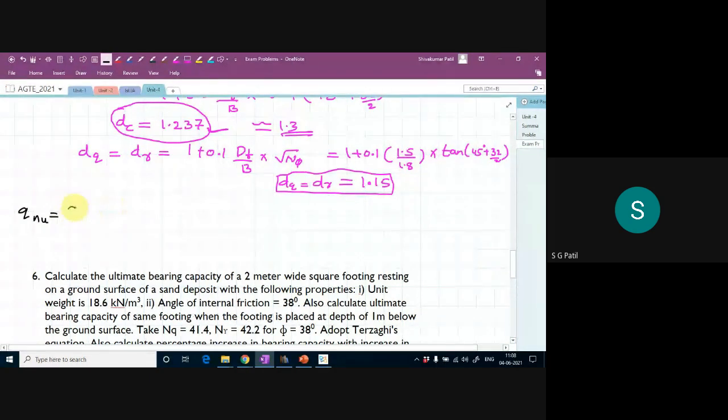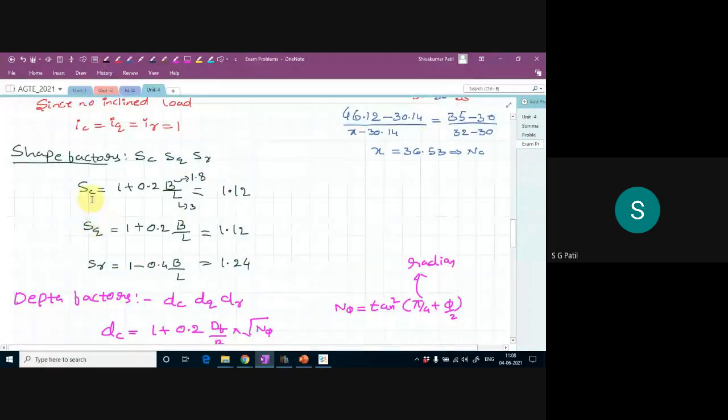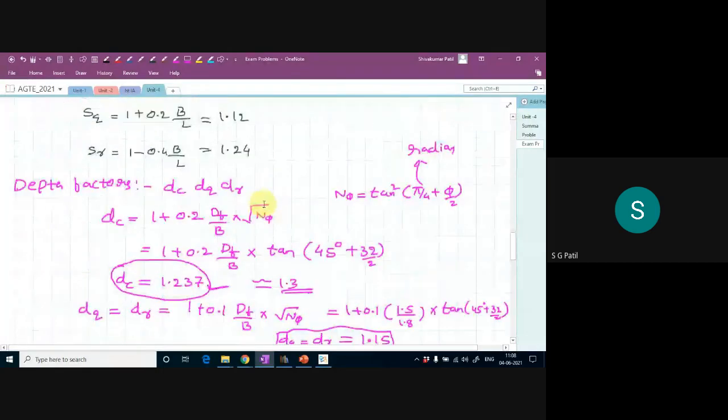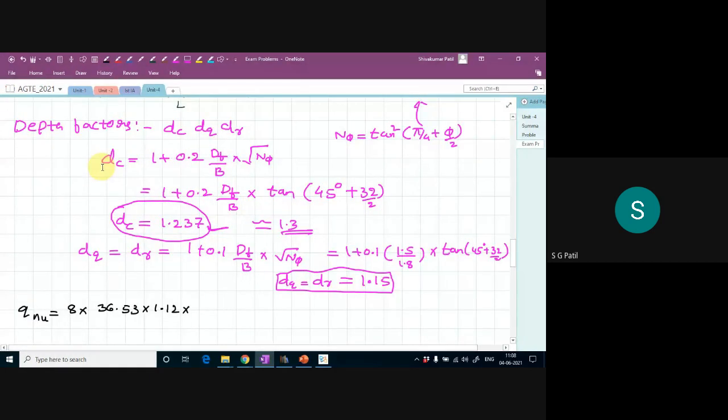So 8 into, that is my c value, Nc is 36.53, into Sc, which is 1.12, into Dc, what is the Dc value? 1.3. And Ic is anyway 1, right? This is my first term.